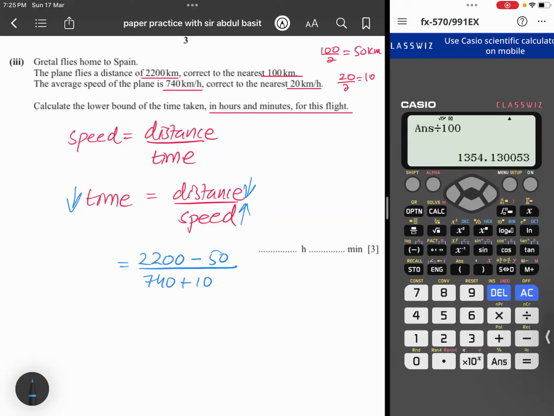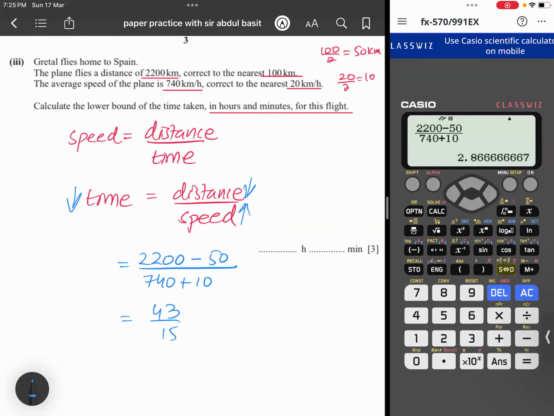It is upper bound. So 2200 minus 50, divided by 750 plus 10. The answer is 43 by 15.